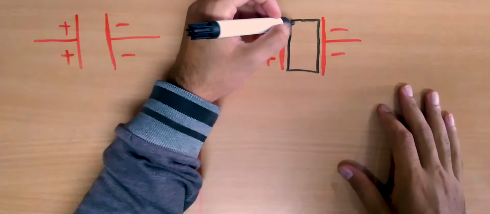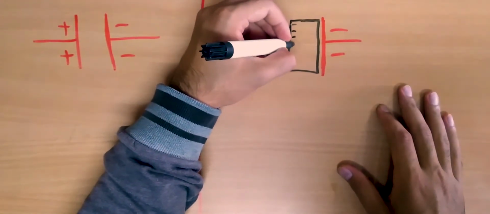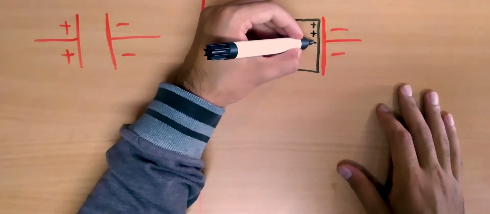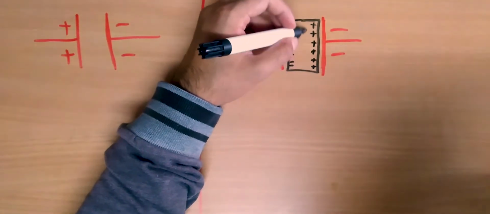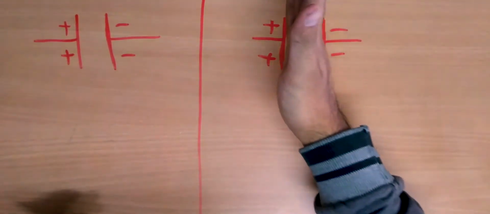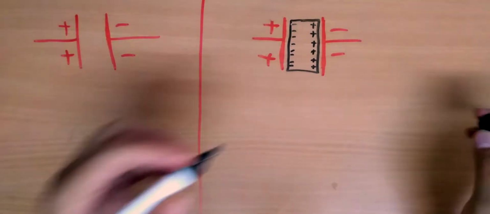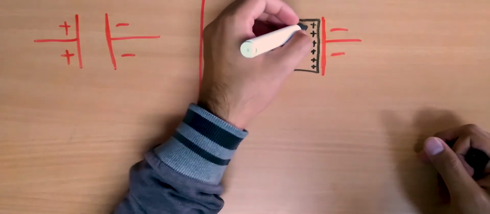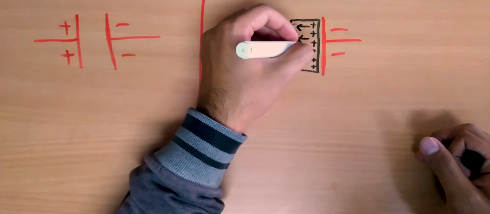But what we have is a thin layer of negative charge on this side of the dielectric, and a thin layer of positive charge on this end of the dielectric, and the central part is neutral as a whole. We have these small layers of charges due to the polarization effect. And because these small layers have charge separation, we have an electric field that goes from this side to that side.